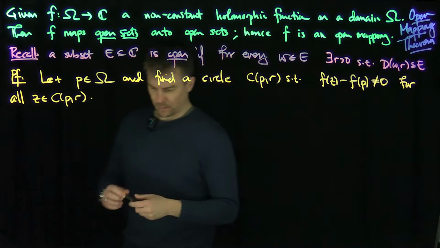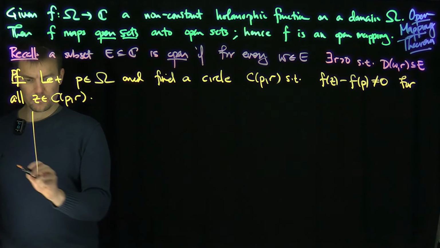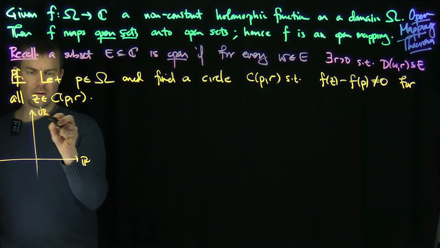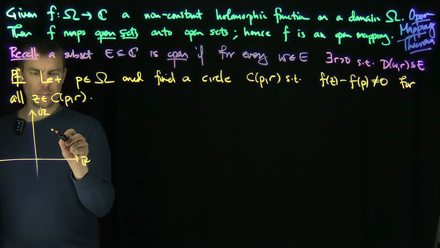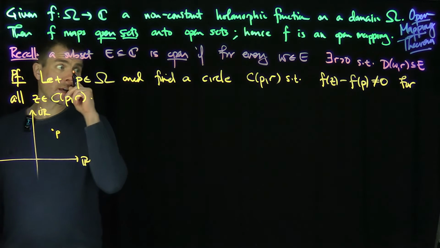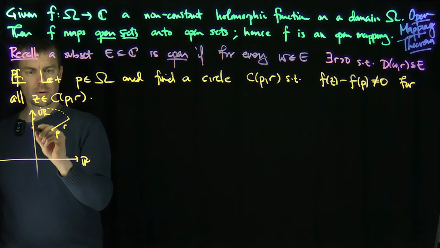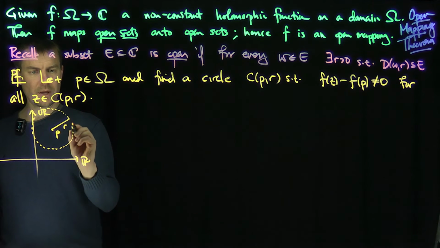So here's the setup. Here's the complex plane. There's R, there's iR. Here's the point p, and I'm drawing a circle of radius r around p.